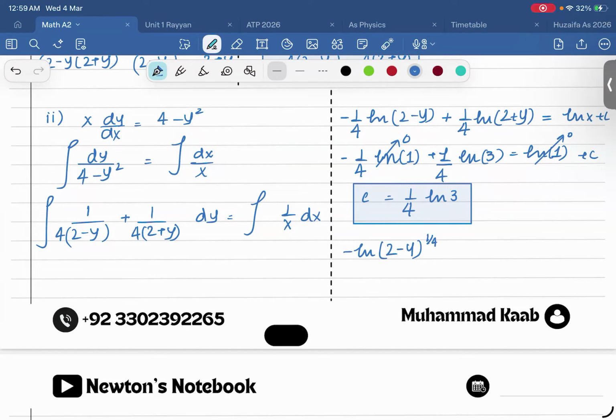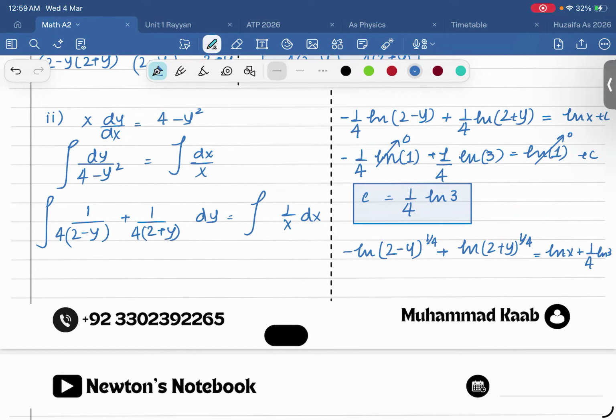Can also shift it to the other side as well, but fine, not shifting. Plus ln of (2 plus y) to the power 1 over 4 is equal to ln x plus 1 over 4 ln 3, right?